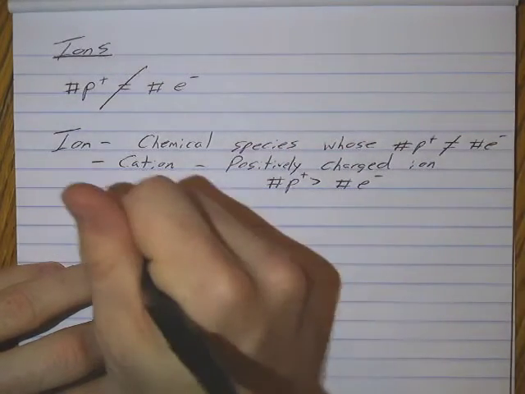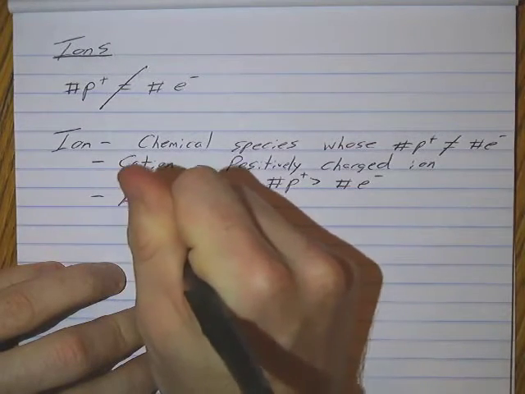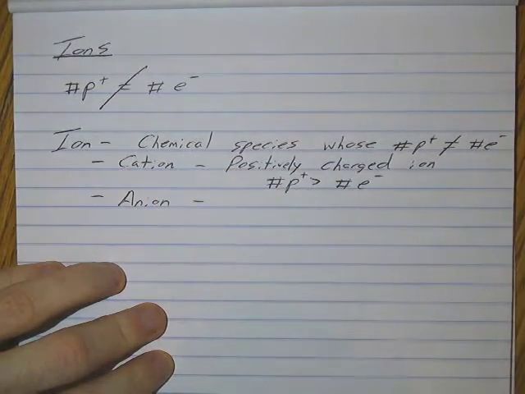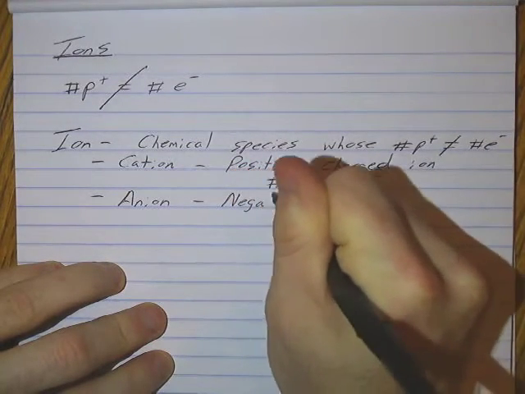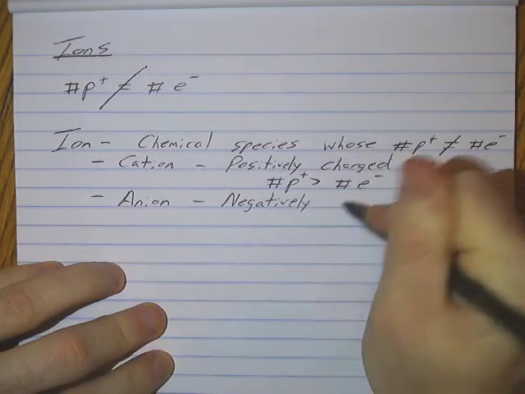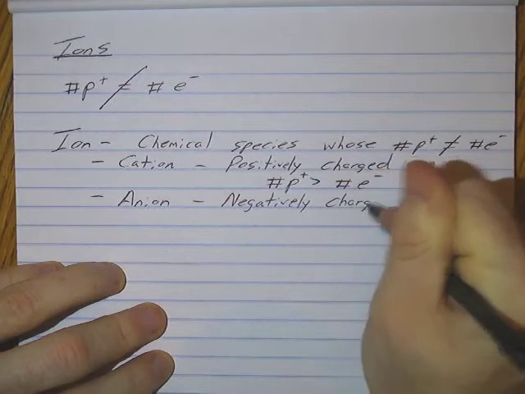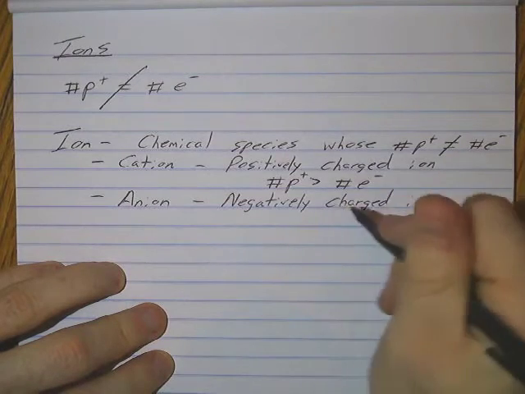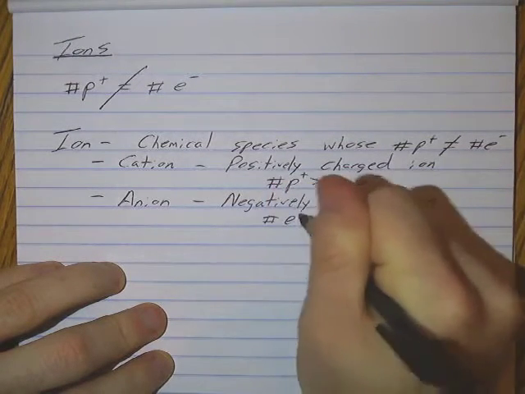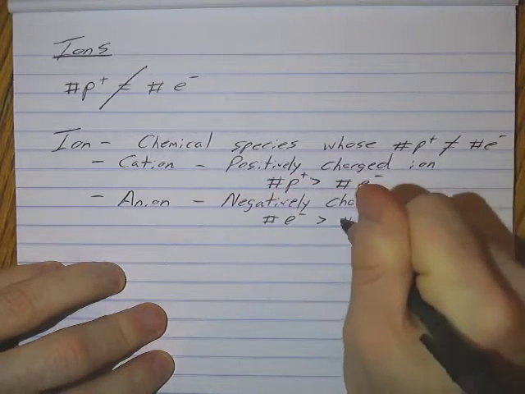The other type of ion is called an anion. I won't do an onion joke. Anyway, an anion is a negatively charged ion. And in this case, the number of electrons is greater than the number of protons.